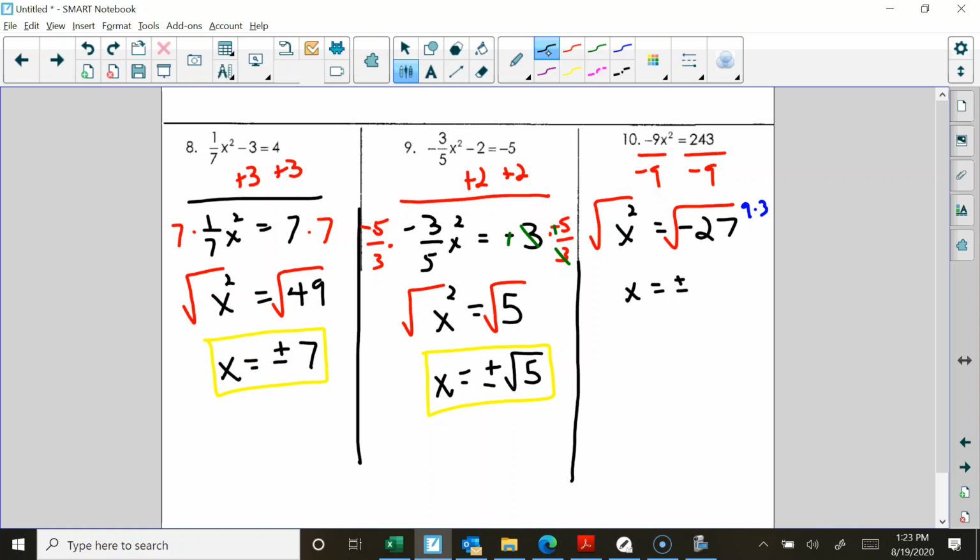We're going to take the square root of 9. It's going to be 3. The negative gives us an i. And the square root of 3 cannot be done, so we leave it as square root of 3. I don't like that blemish hanging out right there. And that is the final answer.